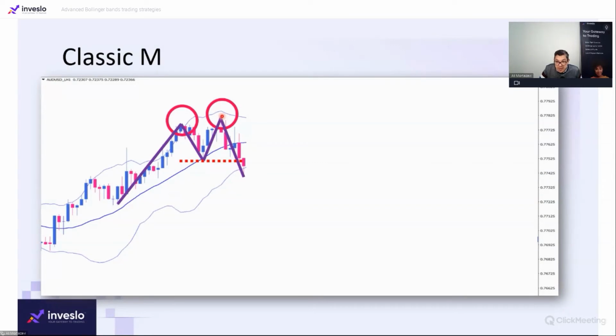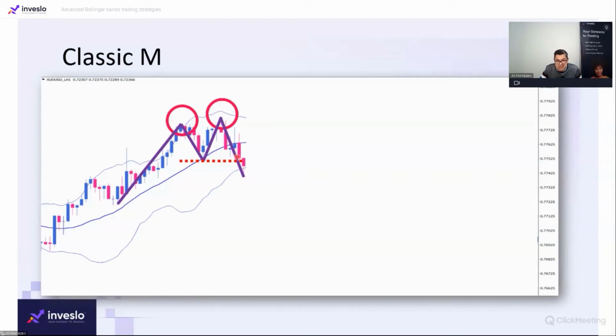To confirm your pattern, we have to see a decisive close below the previous bottom here. Or when we are going to identify a classic W, we need to see a very clear close above the previous market top. So closing below this support level here can validate our pattern.